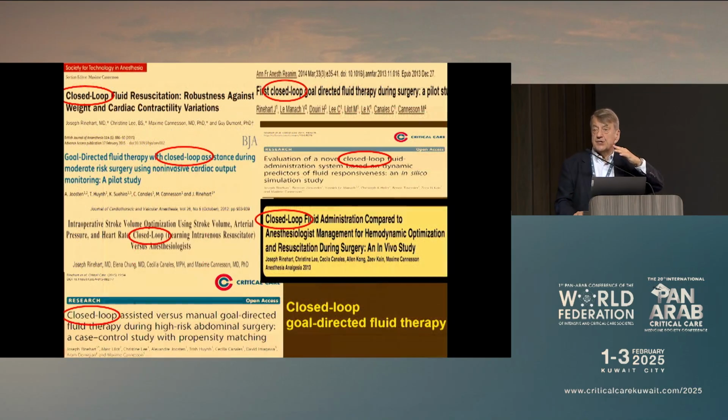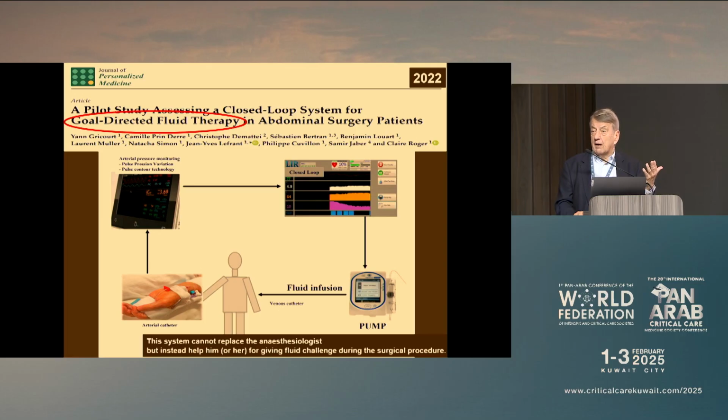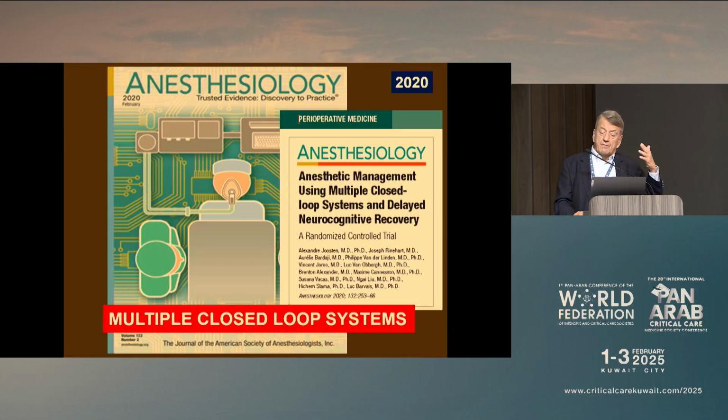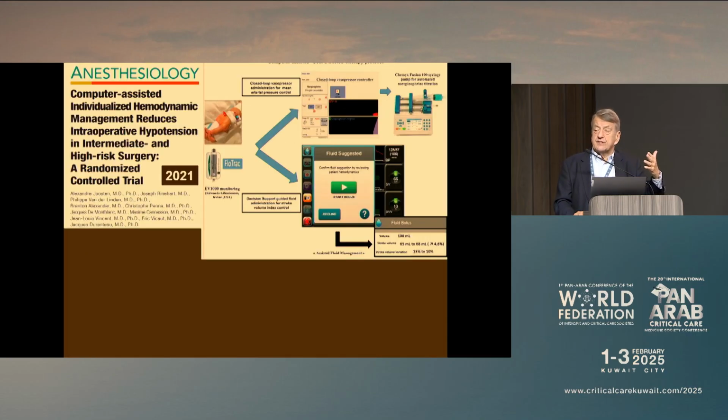And indeed, some years ago, a number of anesthesiologists, including Dr. Justin in our group, he's now in California, but when he was in Brussels, we studied the way to do fluid challenges automatically. And other groups have done it as well. So now you have a combination of vasopressors and fluid administration done automatically by an AI-based system.